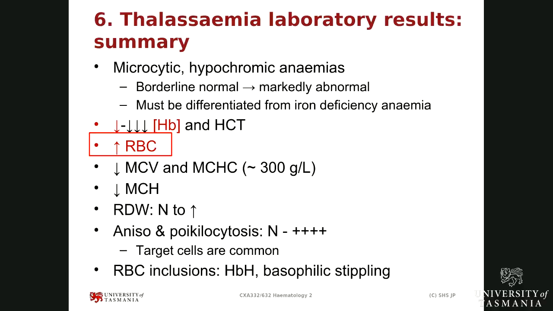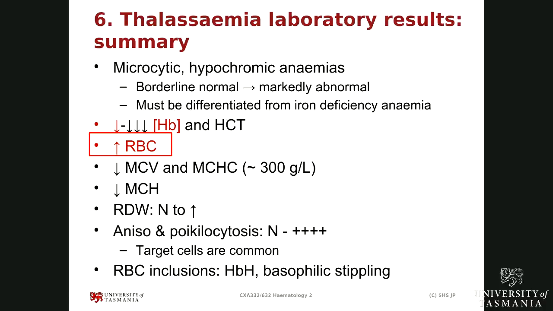Particularly one of the more mild forms, and particularly if you've got a low MCV, because thalassemias are all microcytic. Not all of them are hypochromic, but they're all microcytic. The ones that are hypochromic, of course, we have to differentiate from iron deficiency, as I said before.